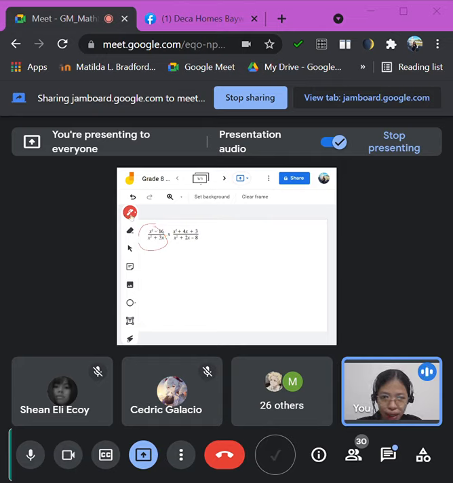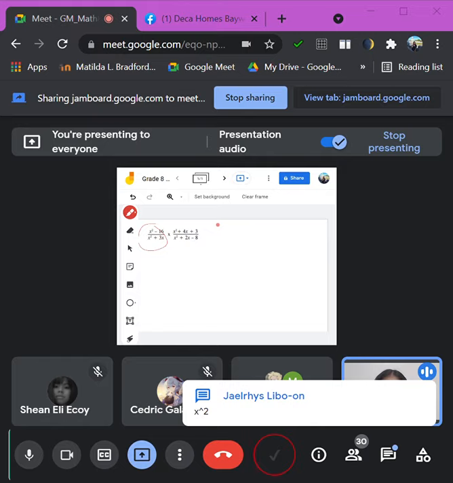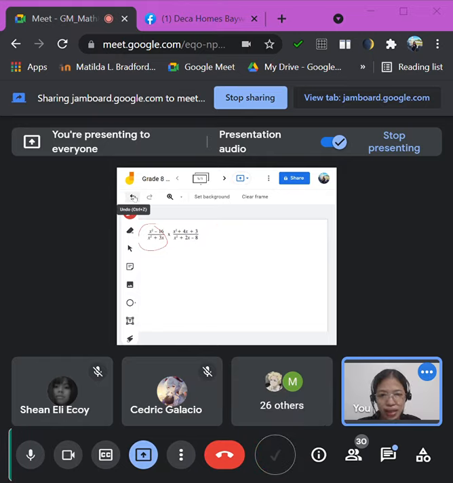Kaning x squared minus 16 over x squared plus 3x. So asa ang ma-factor ana class? Ang numerator, ang denominator? Ang x squared minus 16 or ang x squared plus 3x?